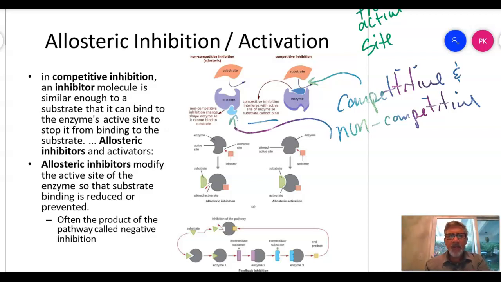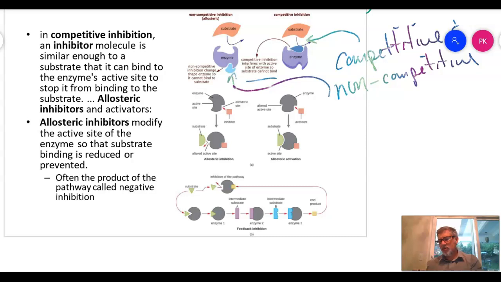So a lot of your body, though, in biological processes works by what they call non-competitive or negative feedback.